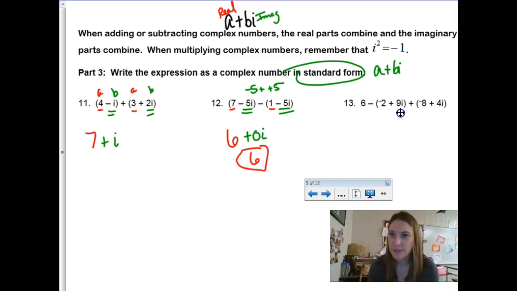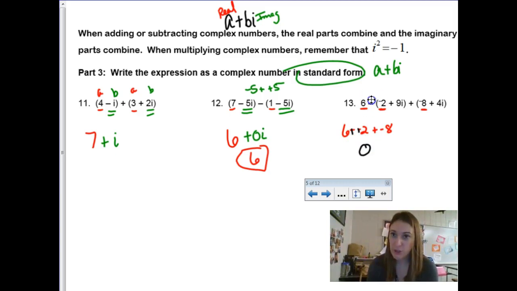We're going to subtract this complex number, and we're going to add that complex number. So when I go to pull all the real parts together, I have 6 minus negative 2 plus negative 8. Of course you could use a calculator if you wanted to, but the double negatives become a plus. So this is 8 plus negative 8, which is 0. That's fun.